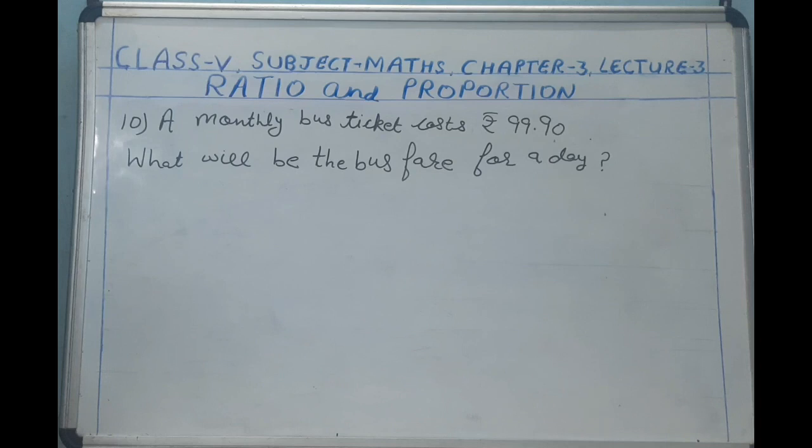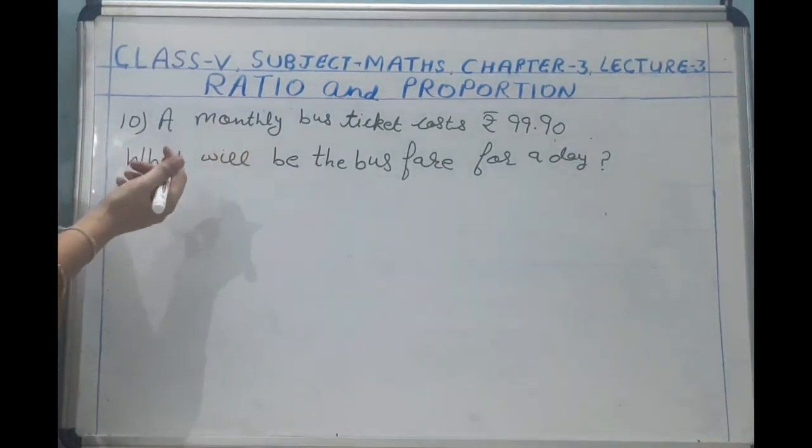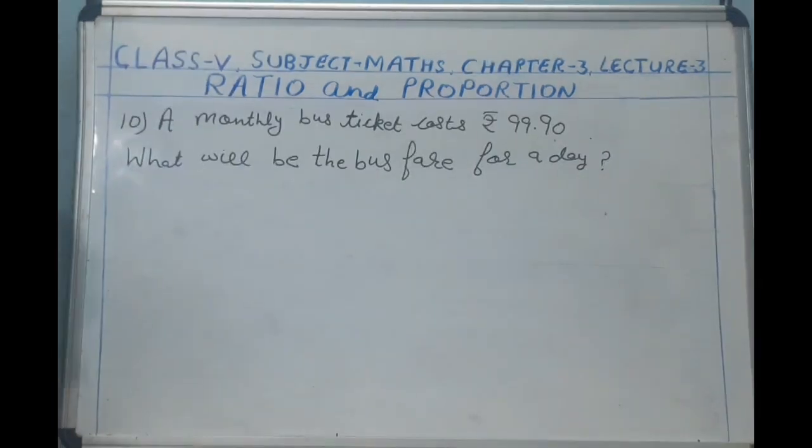वेरी सिंपल क्वेश्चन. How we will start? We will start with the money paid for 30 days, or we can say cost of a monthly bus ticket.